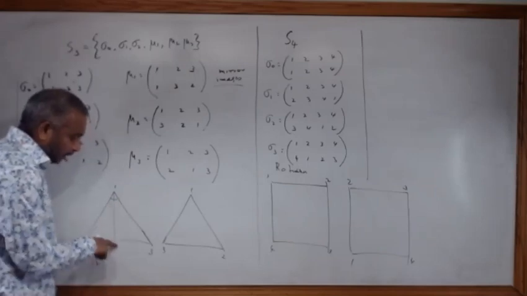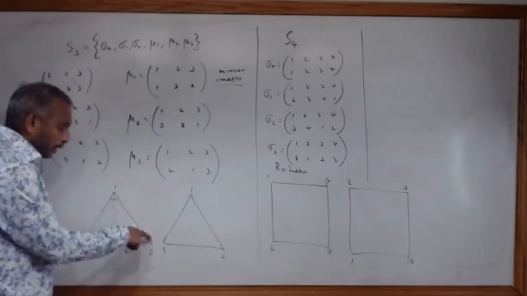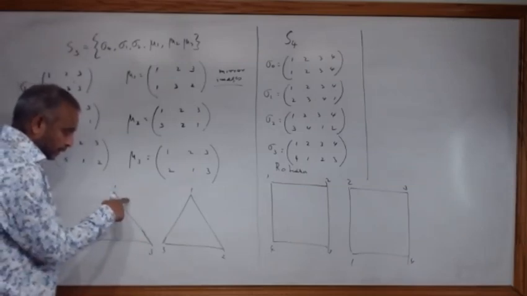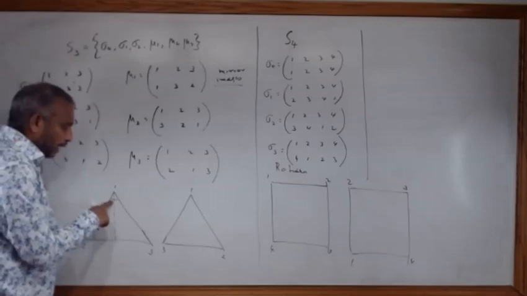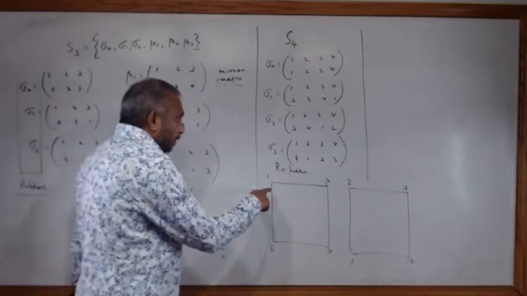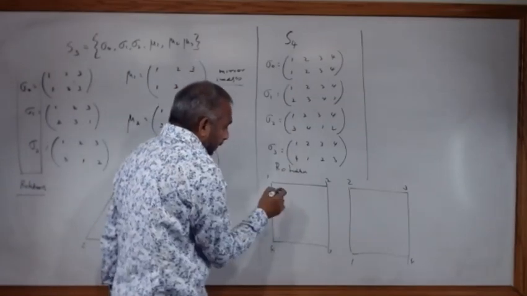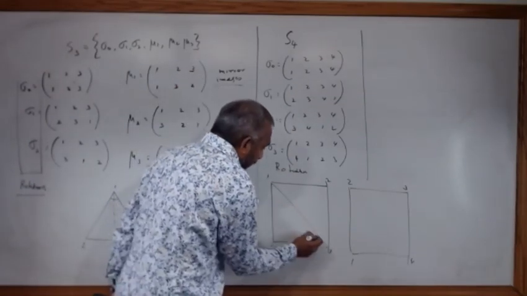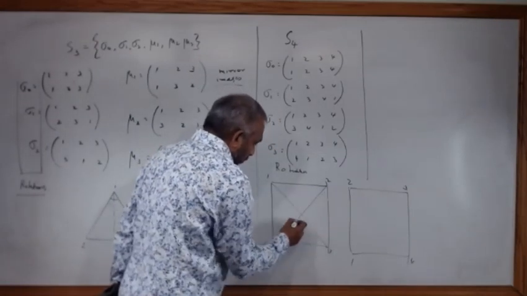When the number of vertices is odd, you need to take only the angle bisector. But if the number of elements is even, then the angle bisector will go to the other vertex, and this angle bisector will go to this.